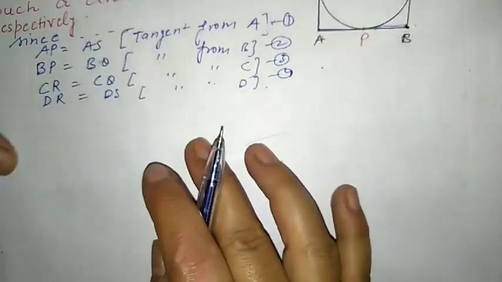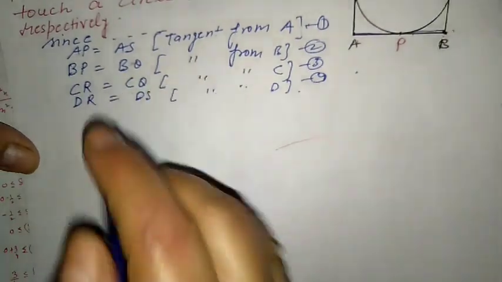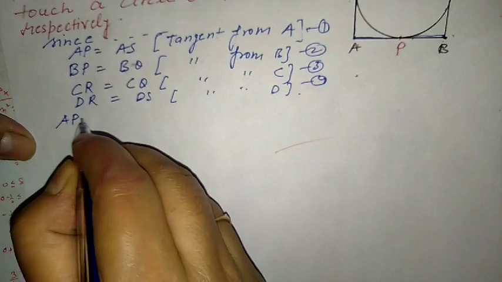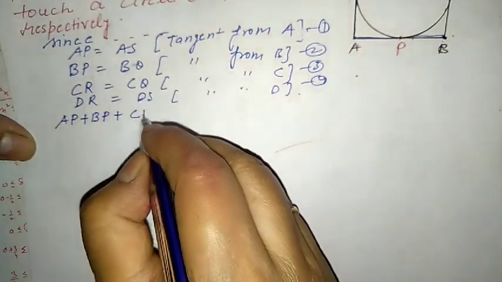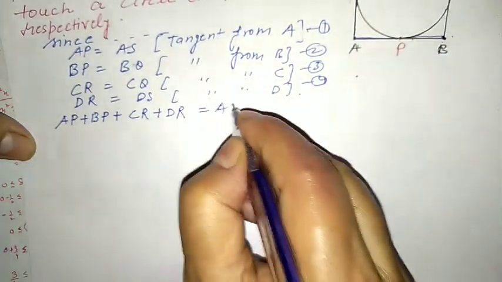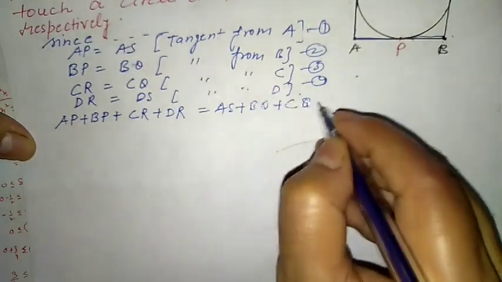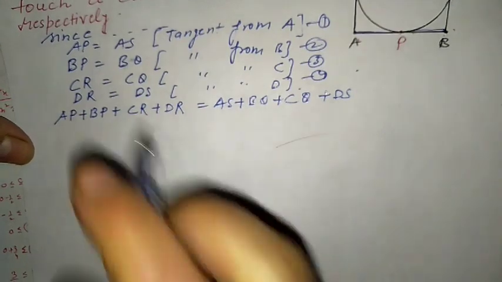Now if we add all these 4 equations, so left side added to left side and right side added to right side. So we can write here AP plus BP plus CR plus DR is equals to AS plus BQ plus CQ plus DS. Right.